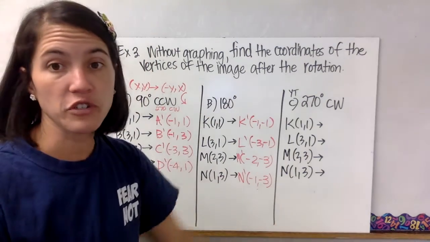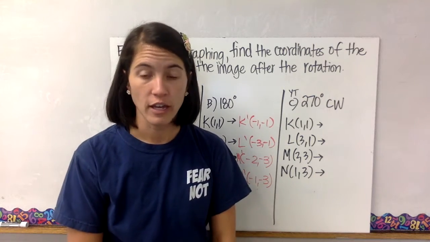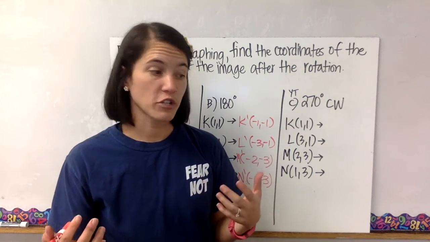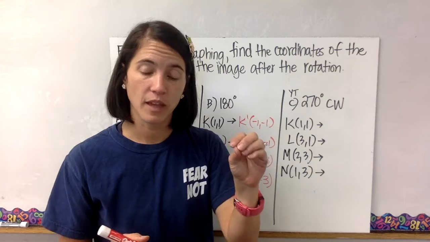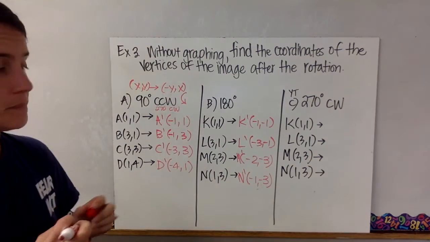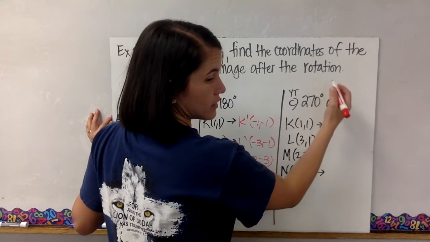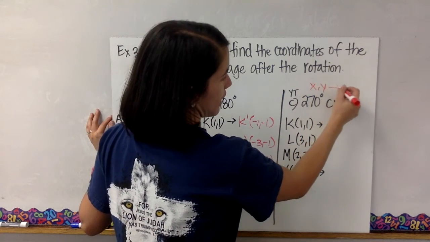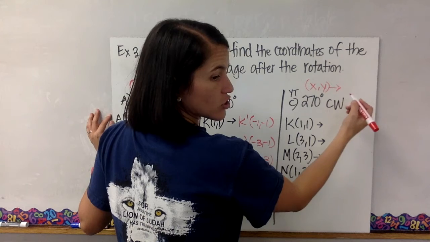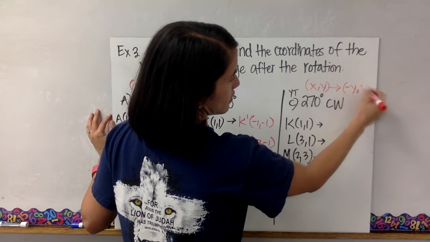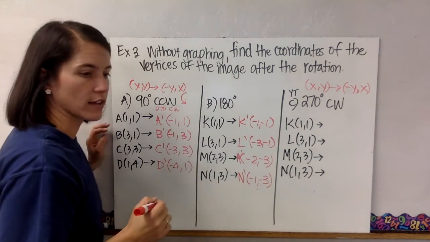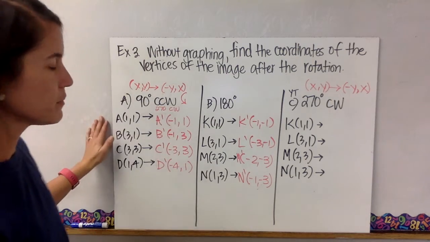All right, you try 270 degrees clockwise. Look at your chart and just follow the algebraic notation on your chart, and pause it and press play when you're ready. So I'm looking at my chart. 270 clockwise means XY changes to -yx. Did I just do this one?